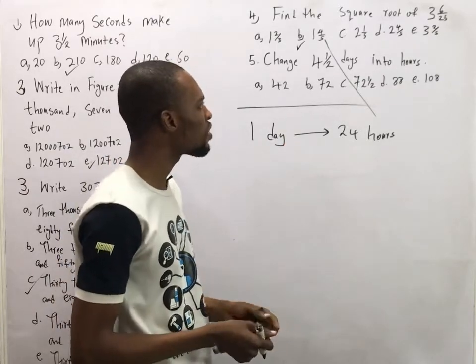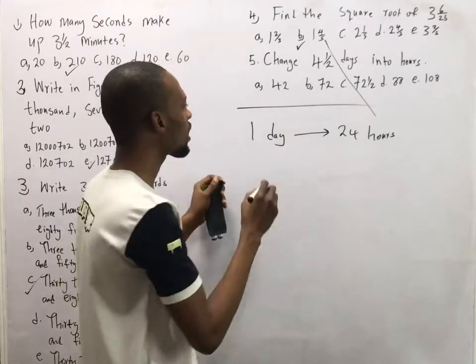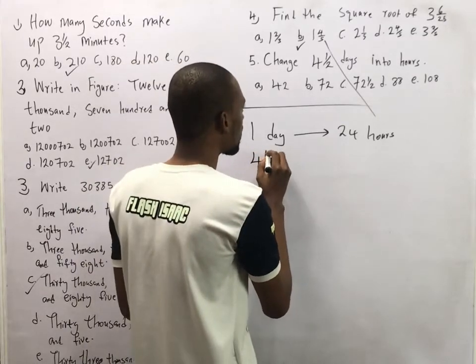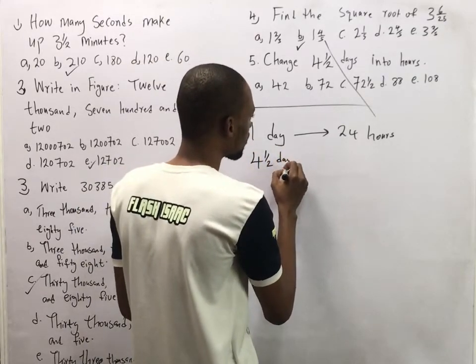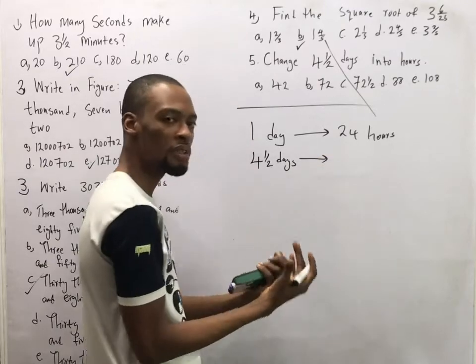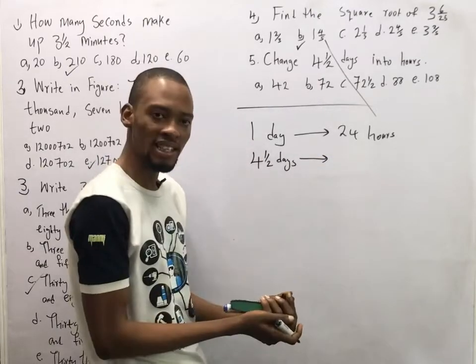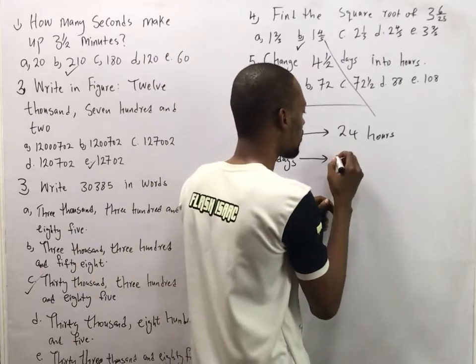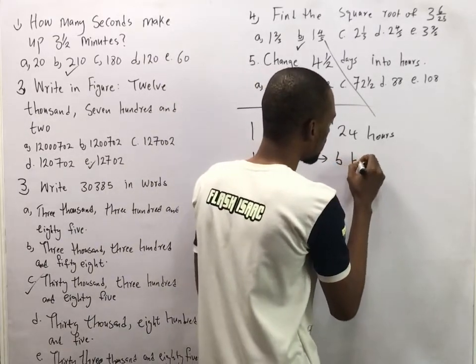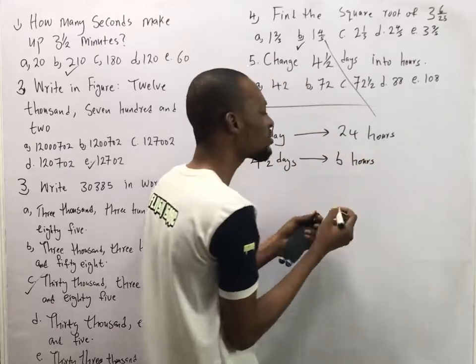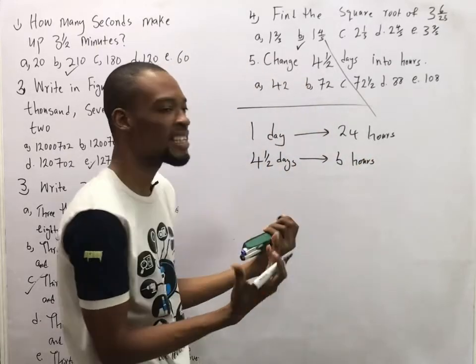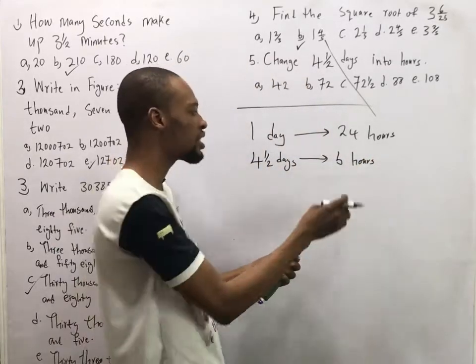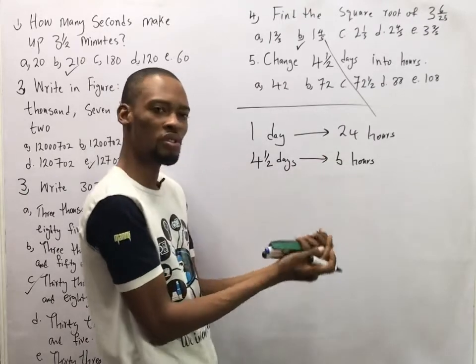If 1 day is equals 24 hours and we are given 4.5 days, how many hours will it be? We don't know yet. Like we did in question 1, let's call it B. Let's call this one B hours. You can represent it with anything, S, Y, Z, anything you like. They are unknowns. We are just representing it with what we don't know.